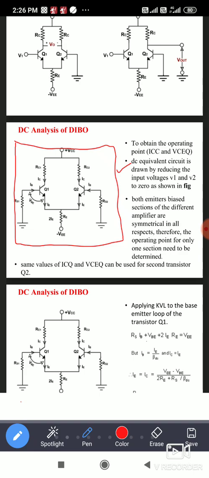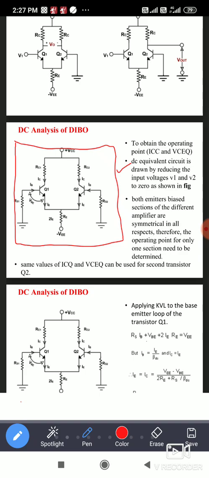Are you getting my point? So here you have to obtain the expression of IC of Q and the expression of VCE of Q, the collector current and the collector to emitter voltage. Once you derive this, you can complete the DC analysis of DIBO.